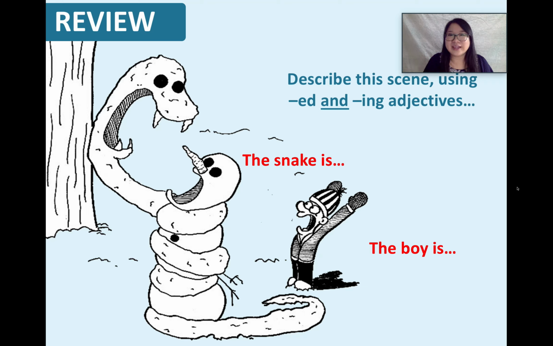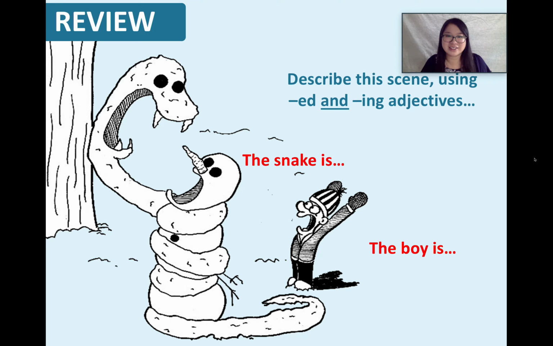The boy is frightened. How about the snake? The snake is scaring? That's not right. The snake is scary. Okay, so scary is an irregular adjective. How about the synonym? Frighten. The snake is frightening. Very good.